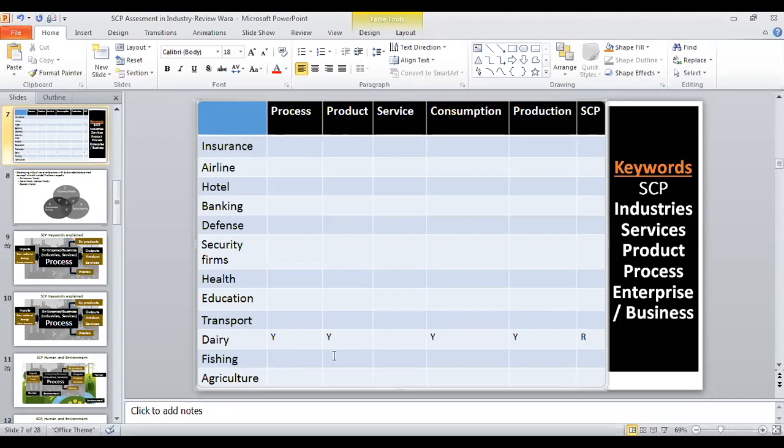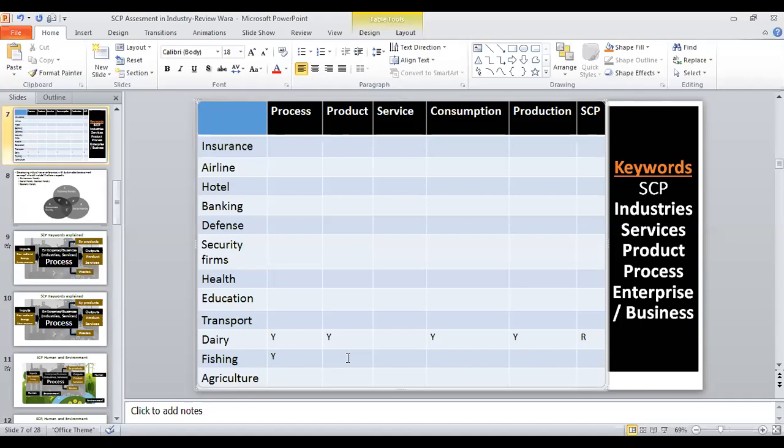Fishing, the marine: you go and catch the fish in the sea or inland fishing. Process, yes, there is a manual process. The fishermen have fishing gears, boats and methods of fishing.